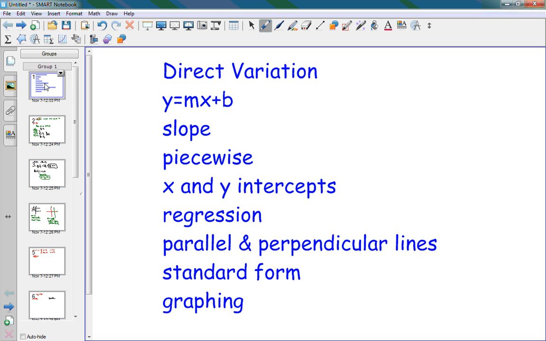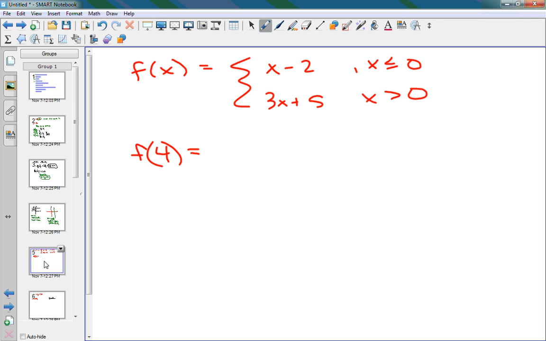No. Okay, we've talked about all of that except for piecewise. The next thing is piecewise function. I give you this function, x minus 2 and 3x plus 5, each only on its criteria. The question I ask is: is 4 less than 0? Is 4 less than or equal to 0?